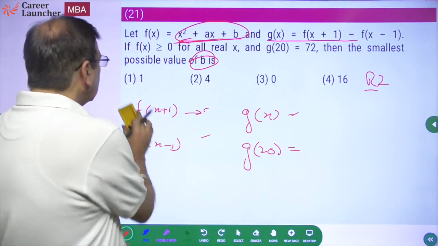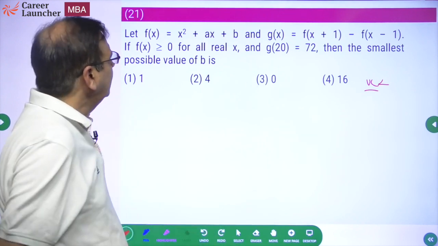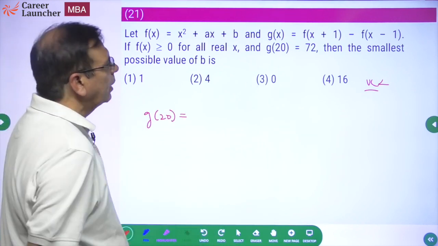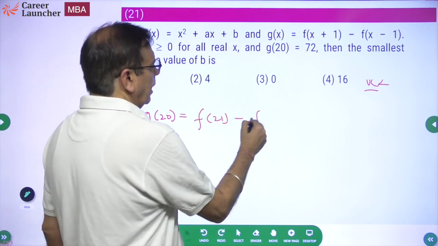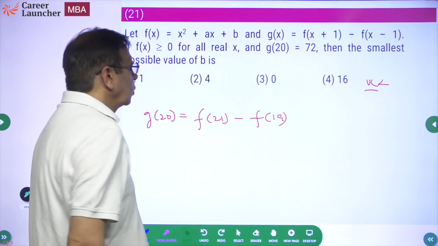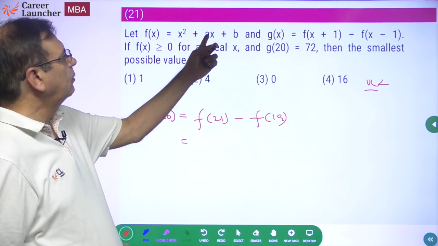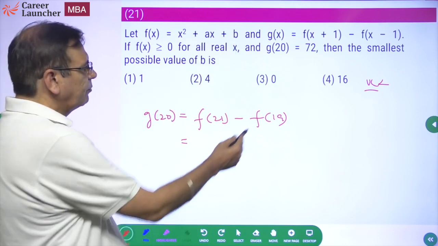Okay. So what you could also do, if you want to save time, is find g20 directly. What is g20? It is equal to f of 21 minus f of 19. So what is f of 21? 21 square, 441 plus 21a plus b. And f of 19?